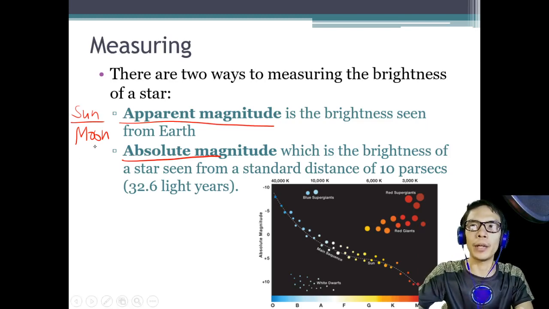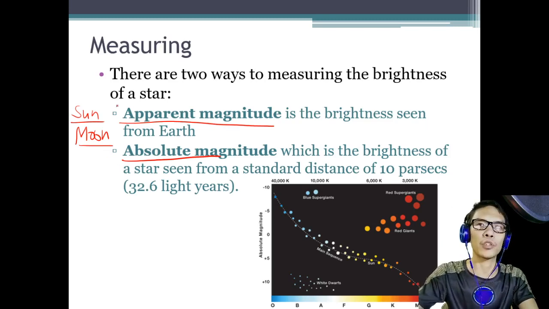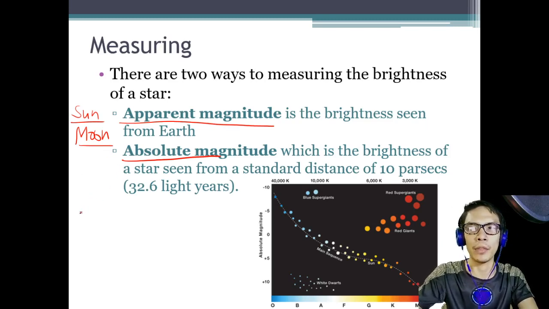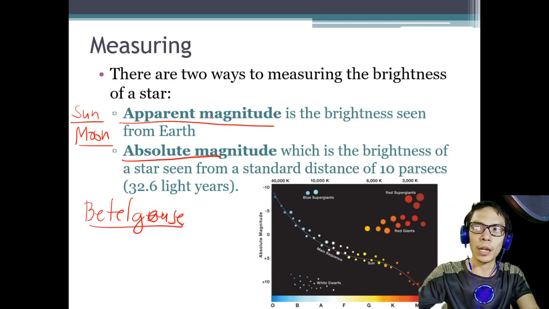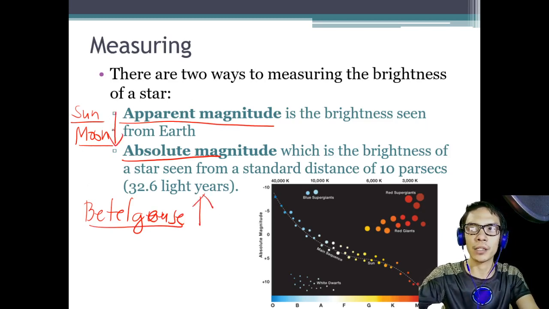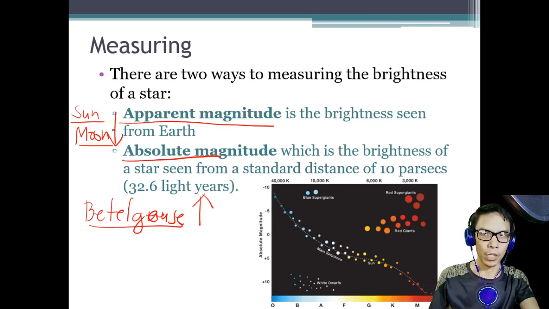So if you compare the absolute magnitude of the sun and moon and Betelgeuse, which is a star, Betelgeuse has a higher absolute magnitude and the sun and moon have a lower absolute magnitude.